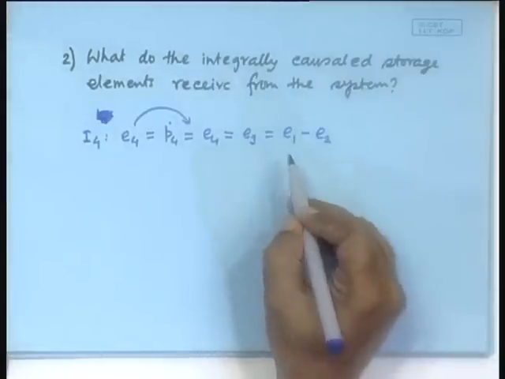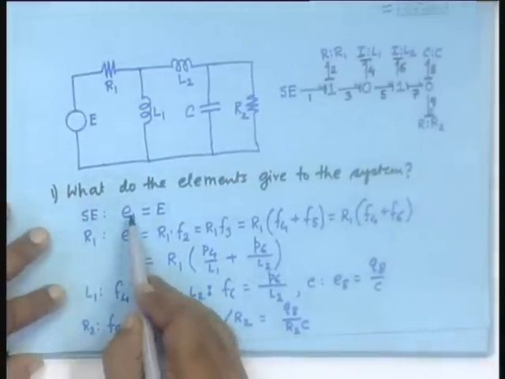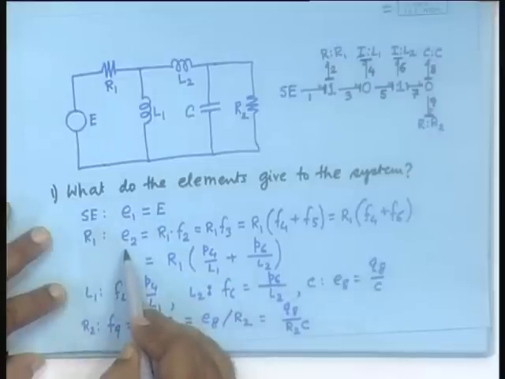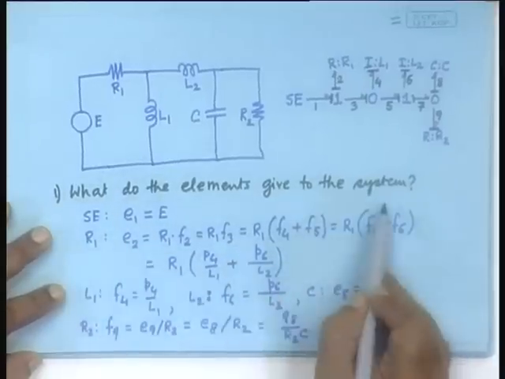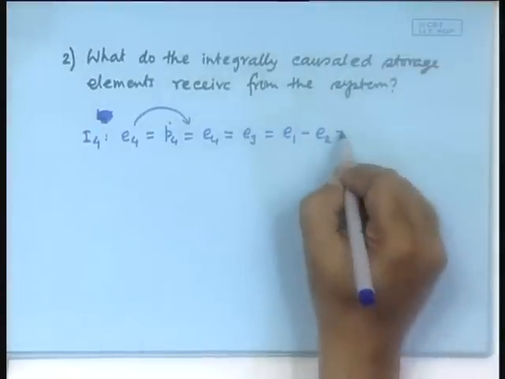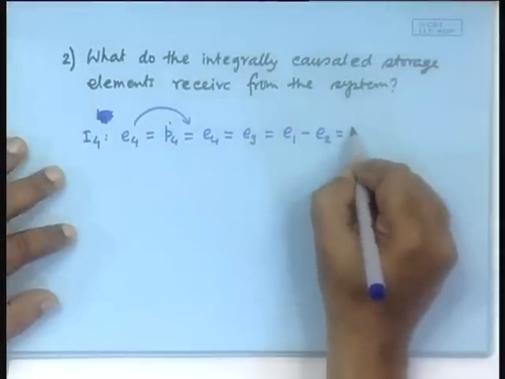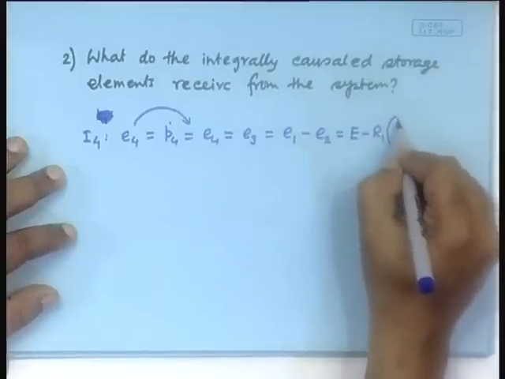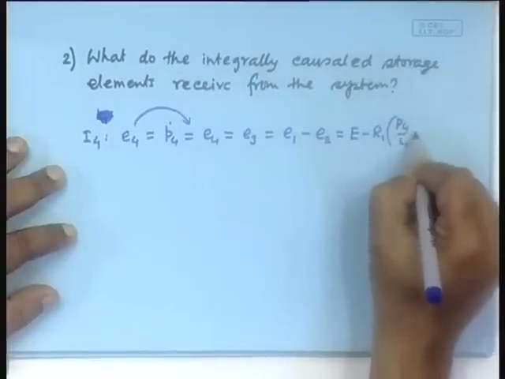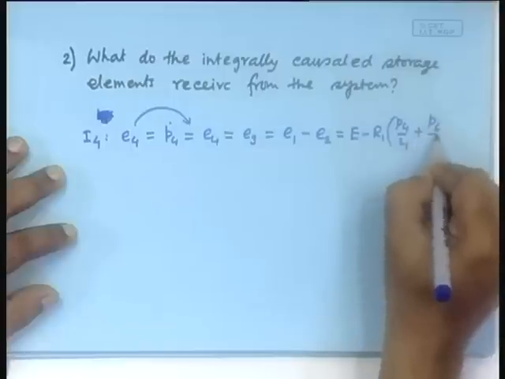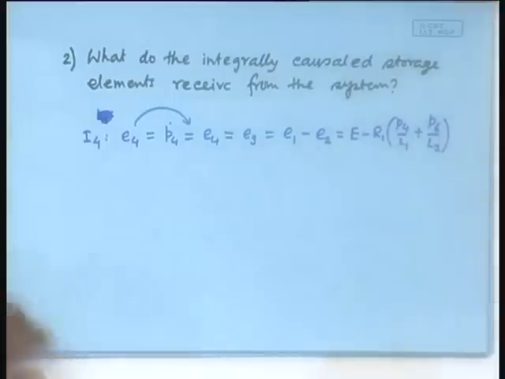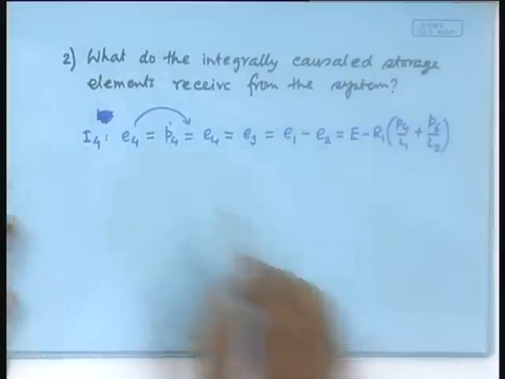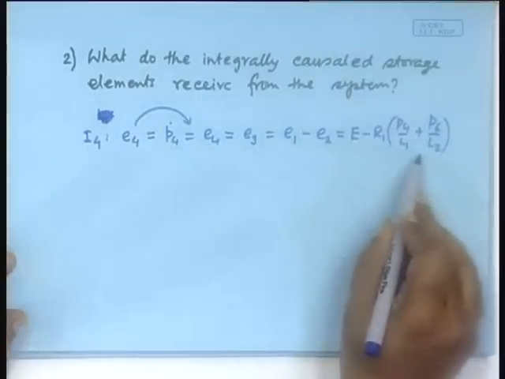Now, both these we already know, E1 and E2 from the answers to the last question, just substitute. So, we get E minus R1 P4 by L1 plus P6 by L2. Fine. So, one differential equation obtained.